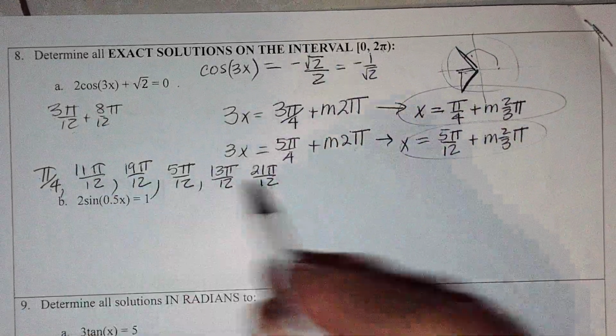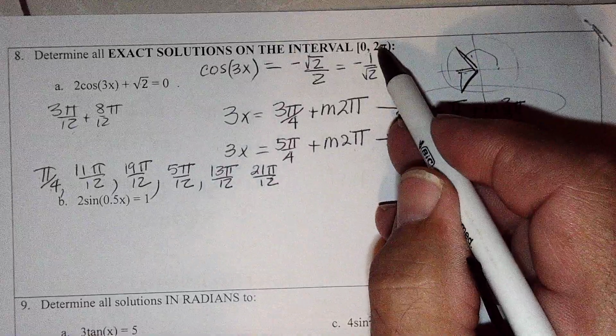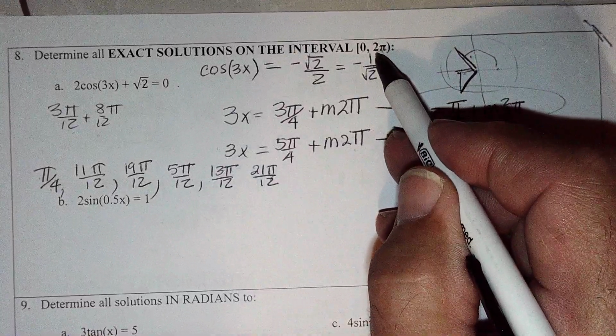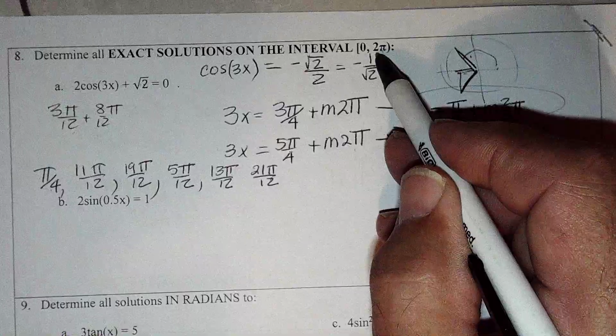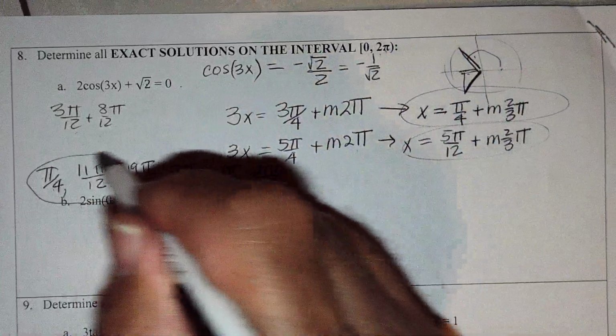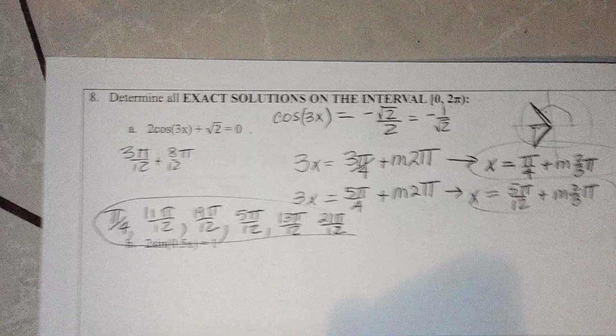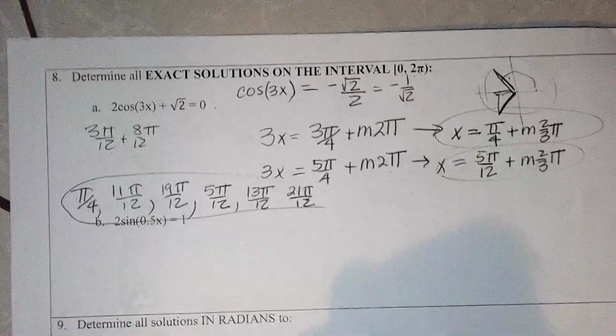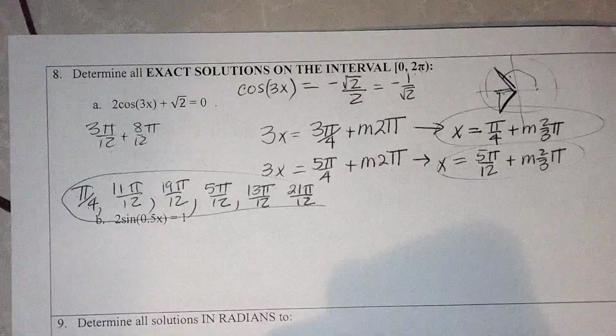And if I added 8/12 again, I'd get beyond the 24 pi over 12, which is 2 pi. And so this is my list of answers. That one was a challenging one.